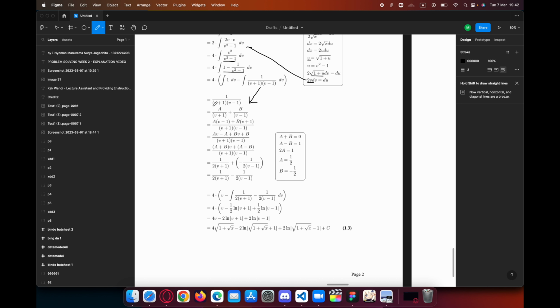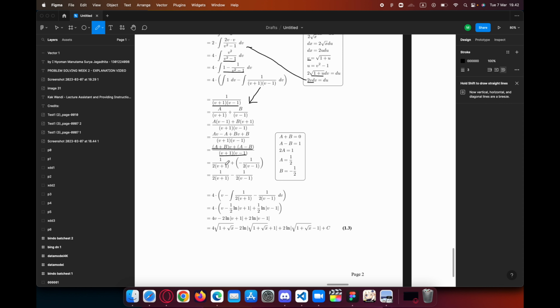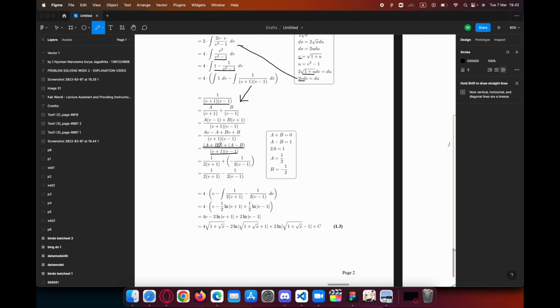We get this one, and this one is a form of 1. We can get the values of a and b from this. So a plus b is 0 because there is only 1 here, no b, and a minus b is a constant, so it becomes 1.